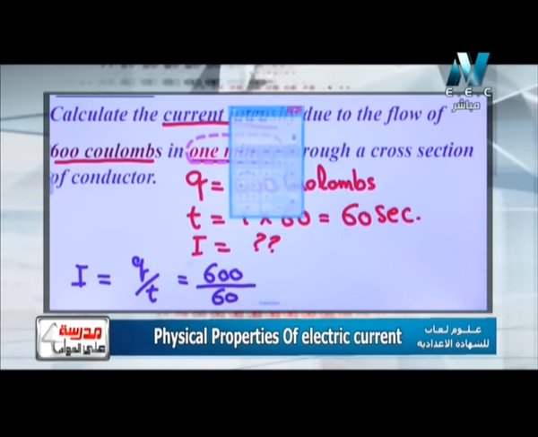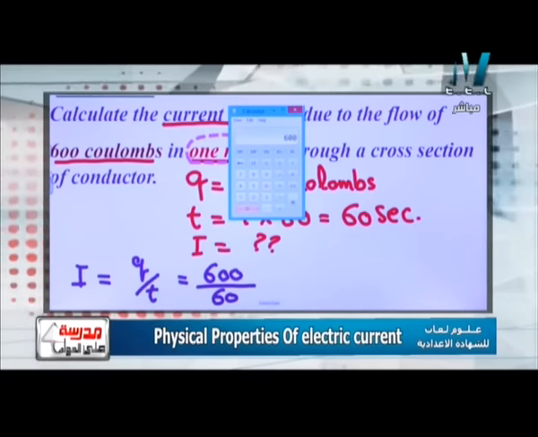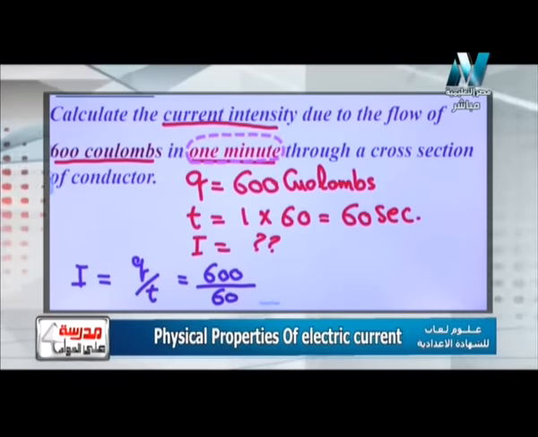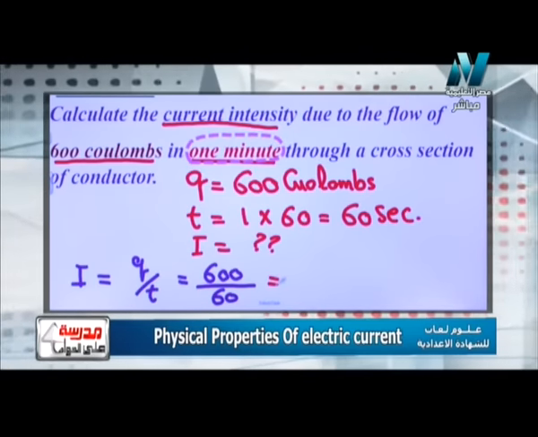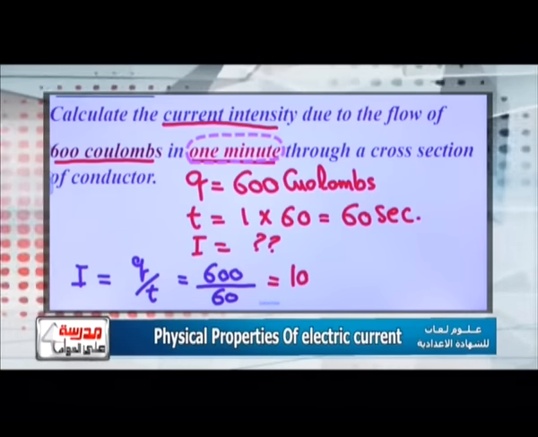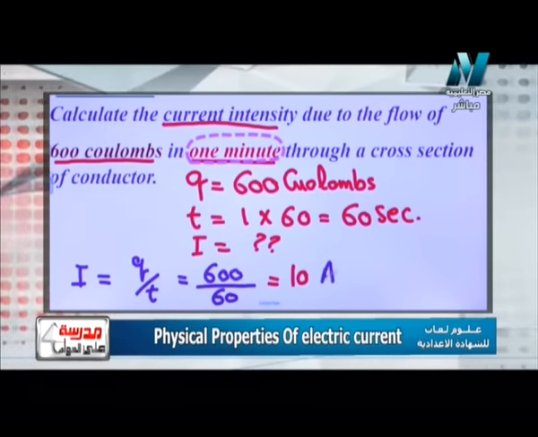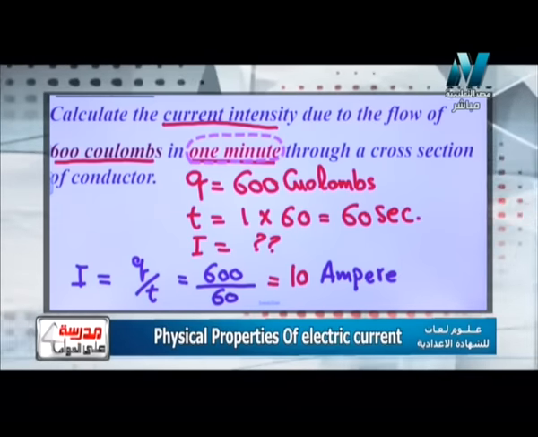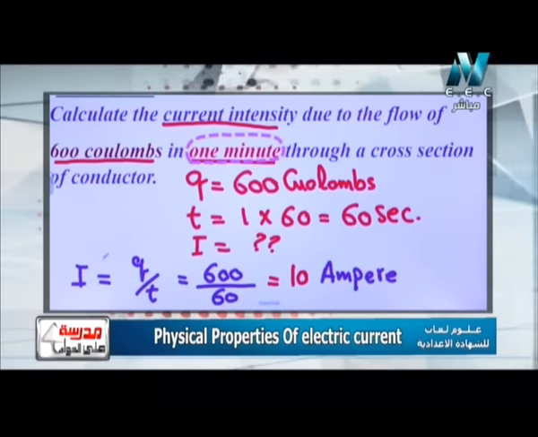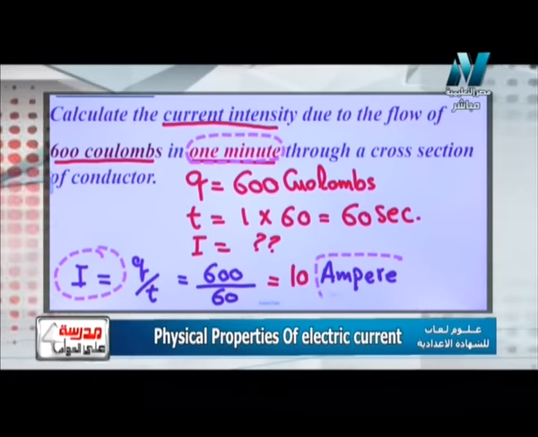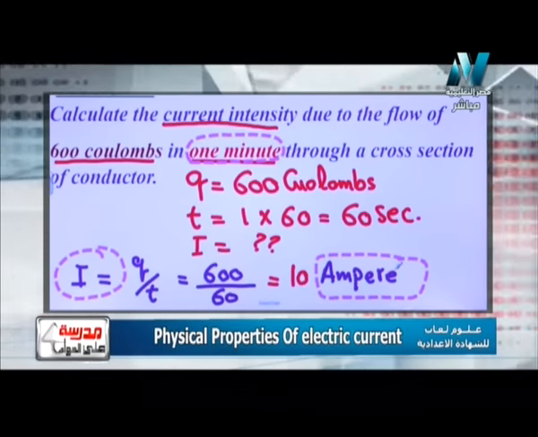By using a calculator, 600 over 60 equals 10. We have measuring unit, yes, ampere, because we talk about the electric current intensity, and we know the measuring unit of electric current intensity is ampere. Okay, dear students.